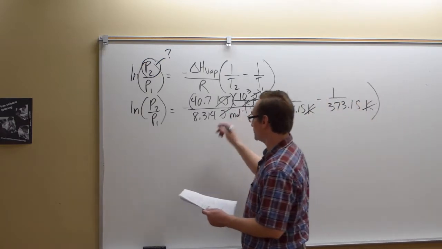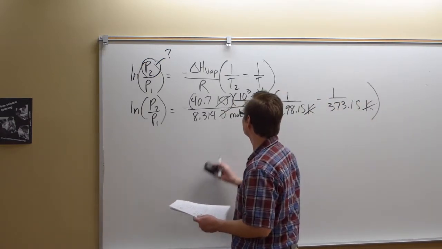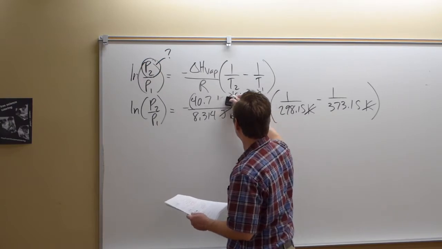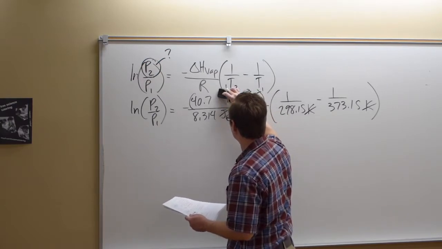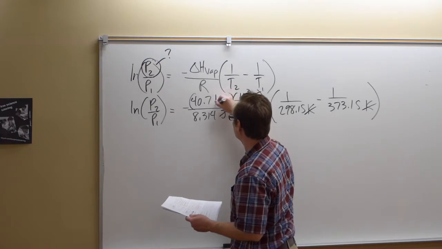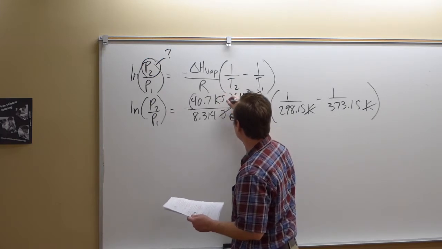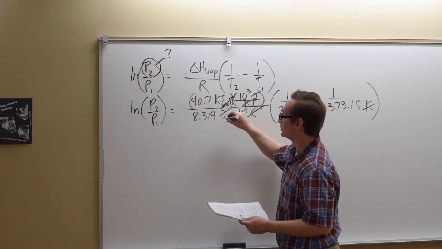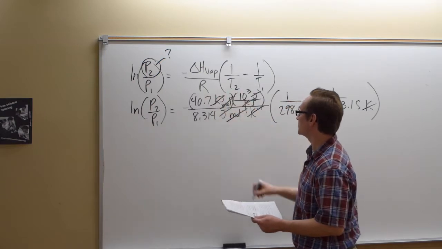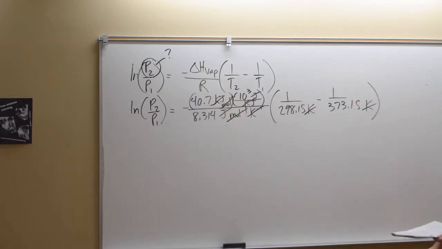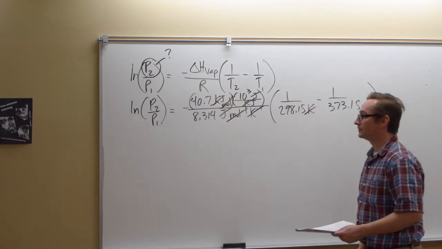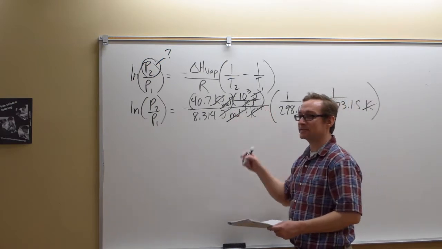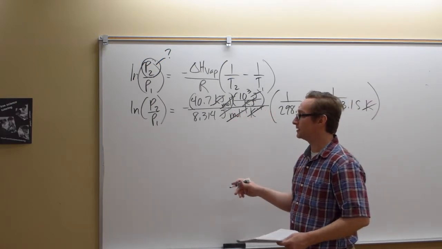Oh, I left out the moles here. It's kilojoules per mole, which cancels out this mole per mole here. So everything cancels. It's all unitless at this point.